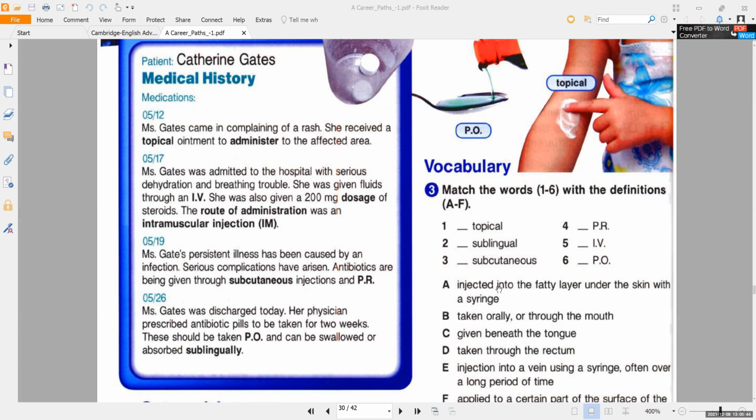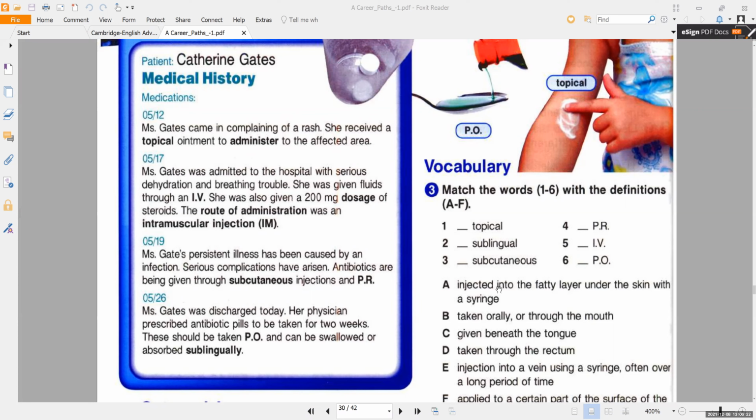She was also given a 200 mg dosage of steroids. The route of administration was an intramuscular injection, IM. 0519. Ms. Gates's persistent illness has been caused by an infection. Serious complications have arisen. Antibiotics are being given through subcutaneous injections and PR. 0526. Ms. Gates was discharged today. Her physician prescribed antibiotic pills to be taken for 2 weeks. These should be taken PO and can be swallowed or absorbed sublingually.